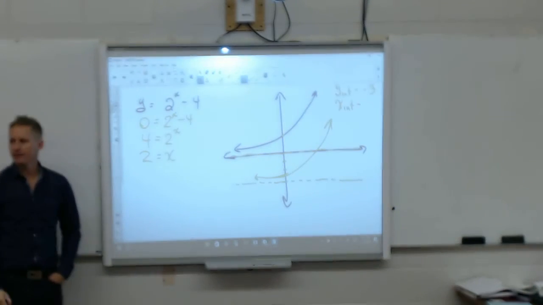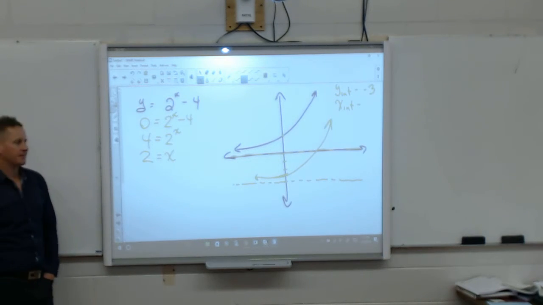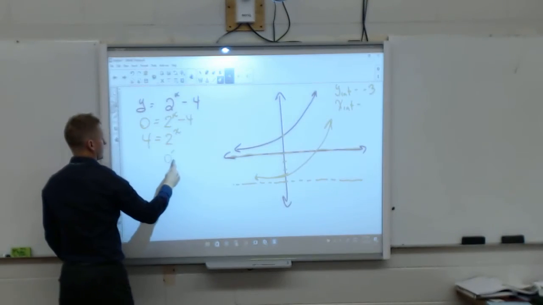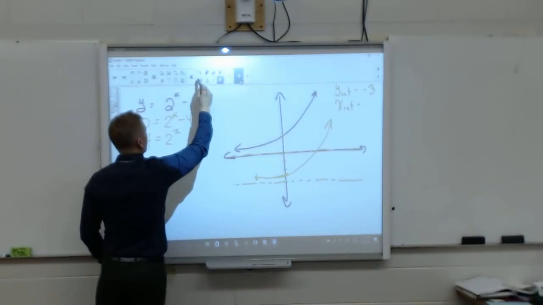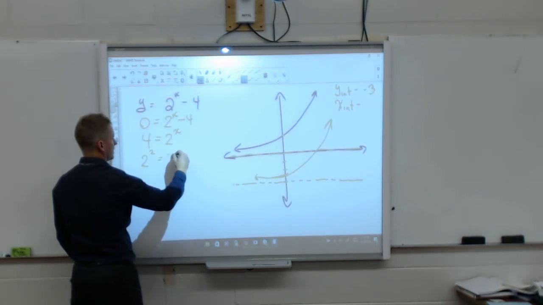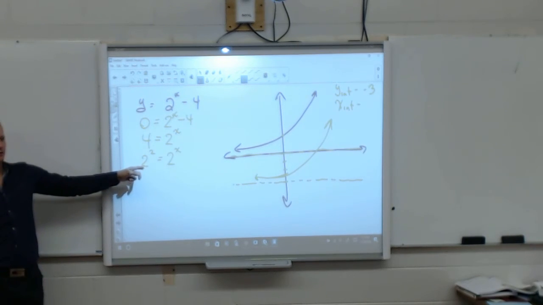Well, how do you get that? Guess and check. Guess and check? No. This one is different. Why? Because what is this? That's 2 squared, isn't it? Isn't 4 2 squared?